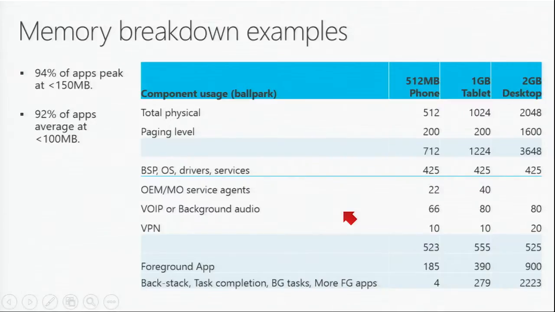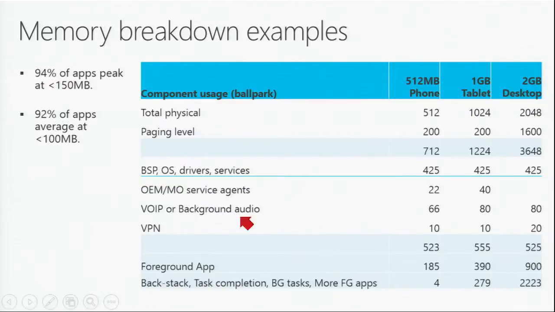And so the task that's managing that incoming call has to run, because otherwise, if it's not running, by the time we start it up, the other end, the server will have dropped the call because the delay is too long. So we have to keep this thing running. VPN, again, if you have VPN, then everything has to go through VPN, and therefore that has to be running. So there's some critical carve-outs that subtract from the available memory.